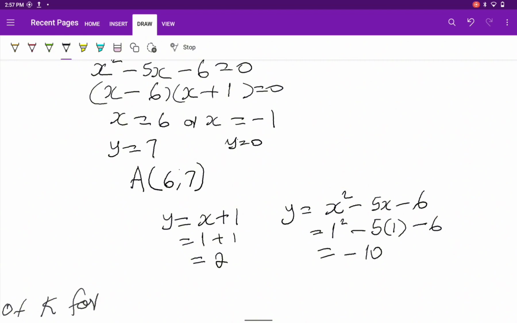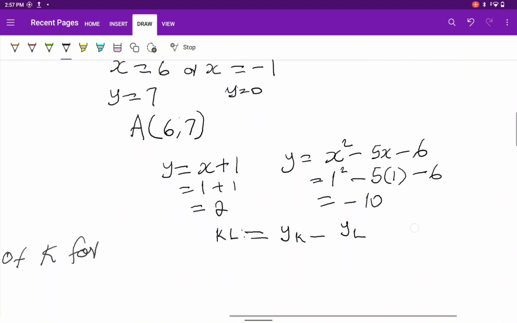So the length of KL will be the y value at K minus the y value at L. The y value at K is 2, minus the y value at L, which is negative 10. So this is going to give us 12.